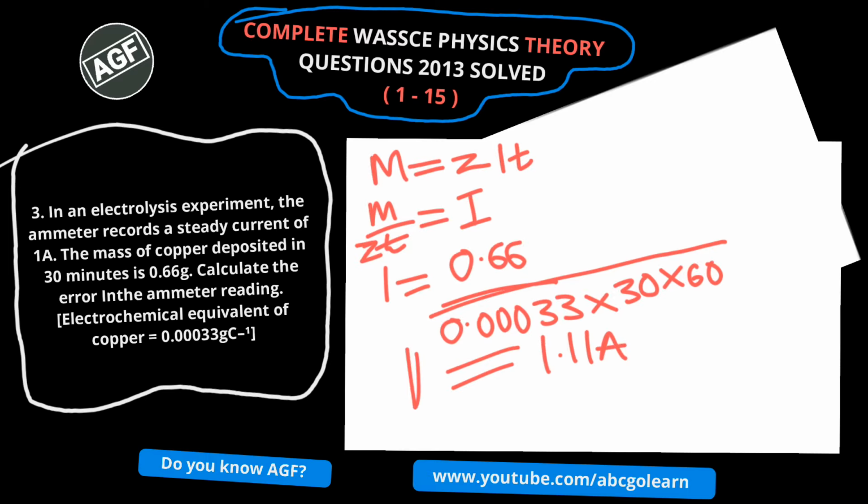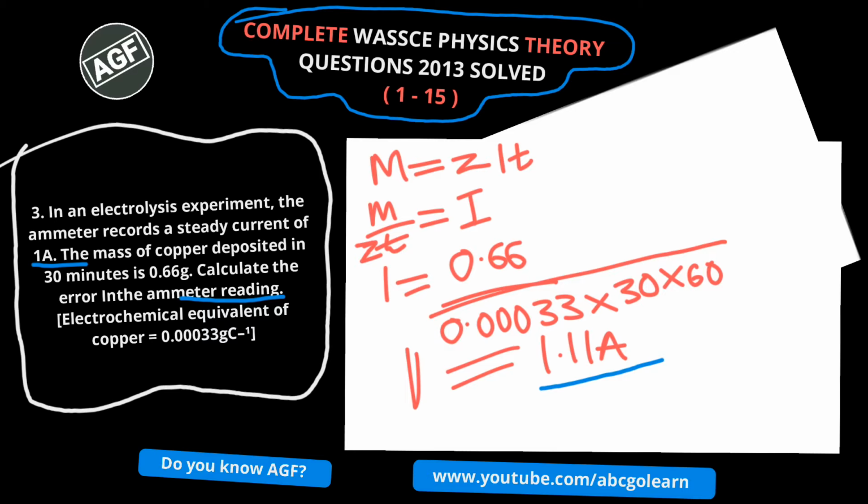Now, you must not stop here. This is not the final answer. You were told to calculate the error in the ampere reading. That means you would subtract the value of the steady current from it. The ammeter here records 1 ampere, and we have gotten 1.11 A as the answer here.